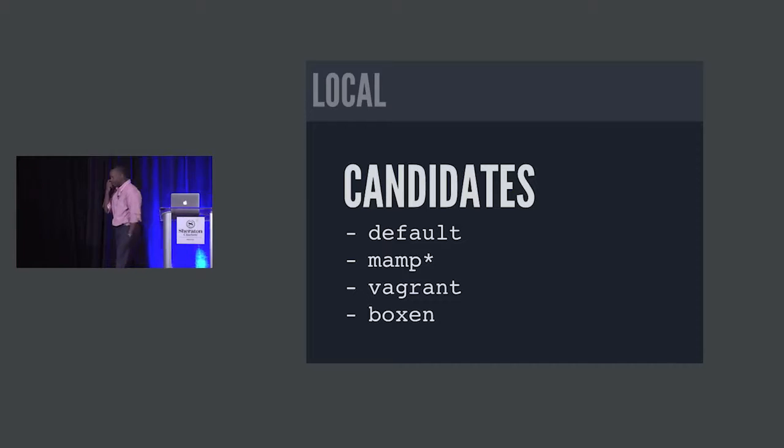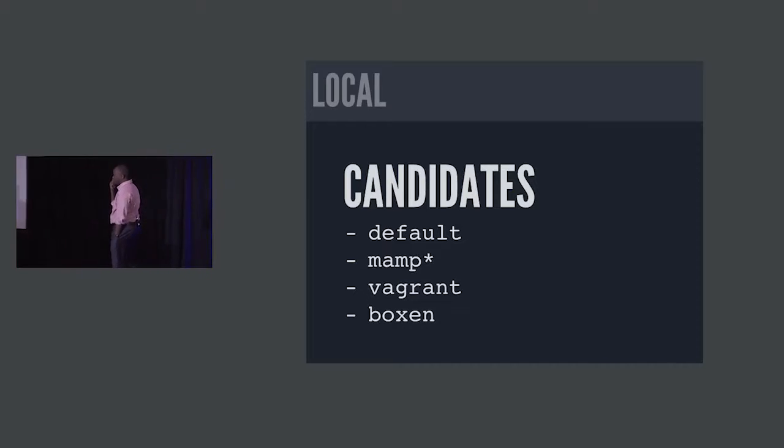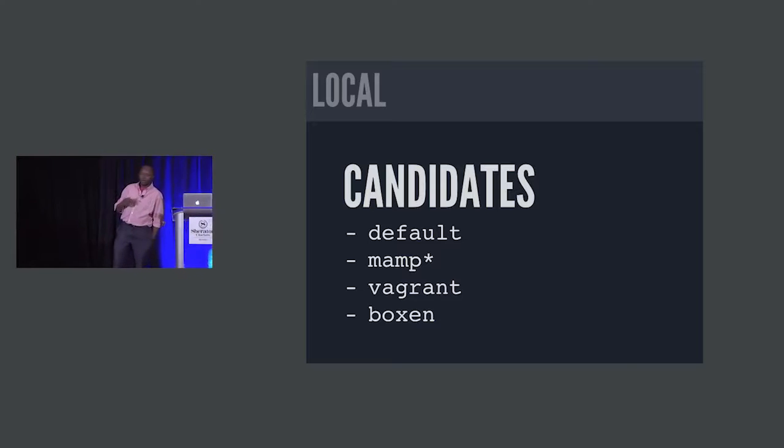So there are a couple of candidates for local environments. On a Mac, it does actually ship with default web servers for PHP and for Ruby, and you can fire those off.